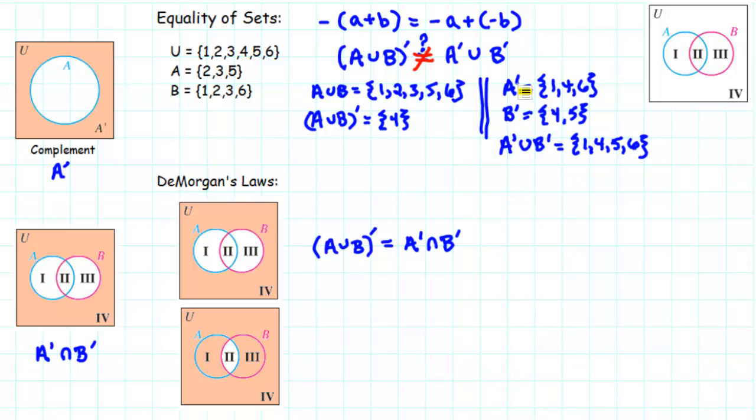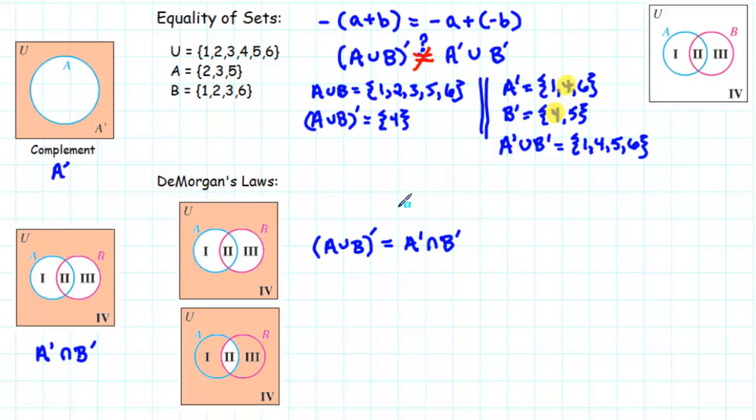We had already found A complement and B complement. What is the intersection? Well, we see that both A complement and B complement contain the element 4, and that matches what we have over here on the left, the set containing the number 4. So our specific example is consistent with our general result.